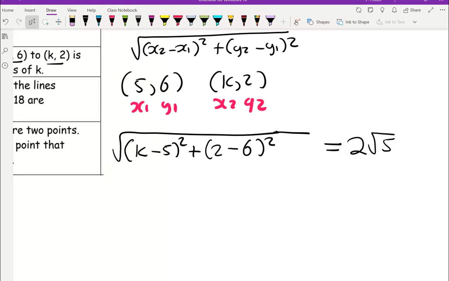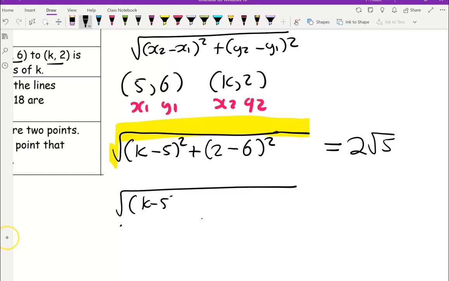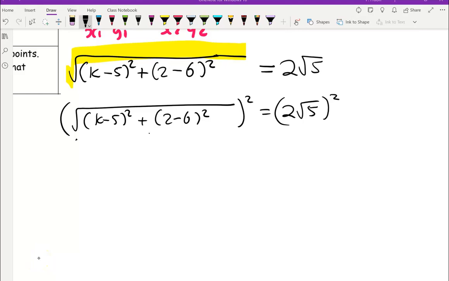There are different ways of approaching this, but I might suggest that because the entire left side has a square root over it, we can get rid of the square root by squaring both sides. Perfect. Squaring both sides on the left gets rid of my square root sign.